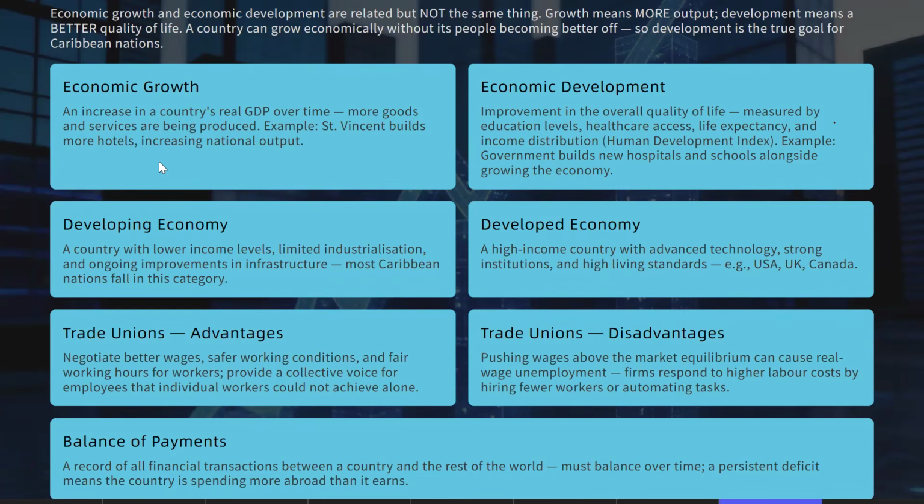However, disadvantages: if they ask for too much, they could cause real wage unemployment, as we saw before. When they ask for too high wages, and the companies can't afford to keep everybody on the payroll, they have to let some people go.